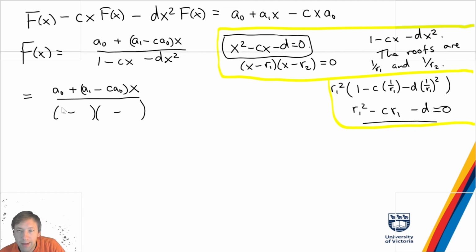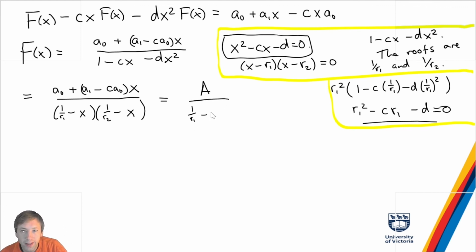So this is the same as writing 1 over r1 minus x and 1 over r2 minus x. Okay, we can now do partial fractions. And this is going to end up being of the form a over 1 over r1 minus x plus b over 1 over r2 minus x, as long as r1 and r2 are not the same.